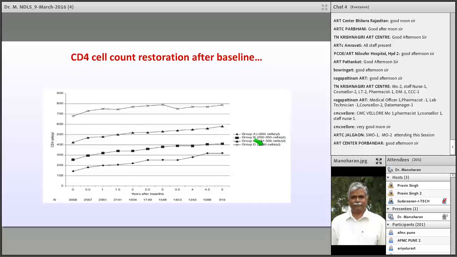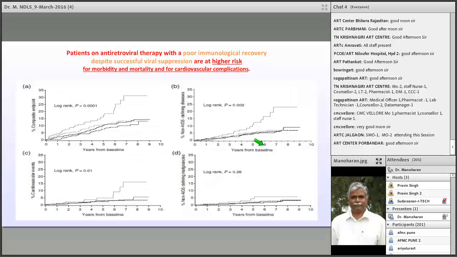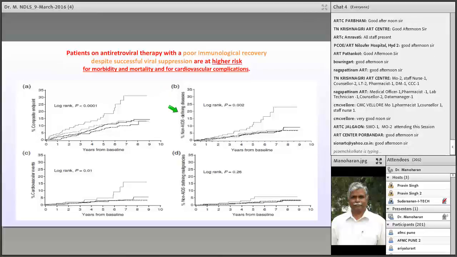In group A, the composite endpoint is included, that is all-cause mortality, cardiovascular events, all malignancies, liver cirrhosis, AIDS, death, everything. In B, the non-AIDS defining diseases are included. In C, the cardiovascular events are included. And in D, non-AIDS defining malignancies are included.